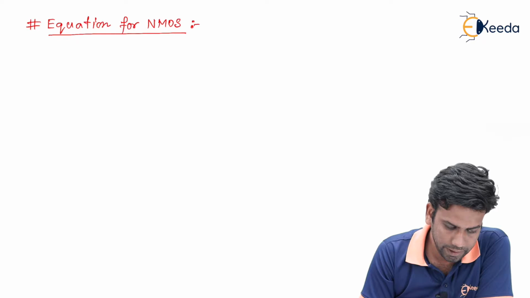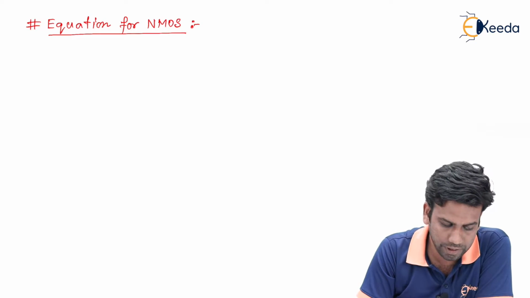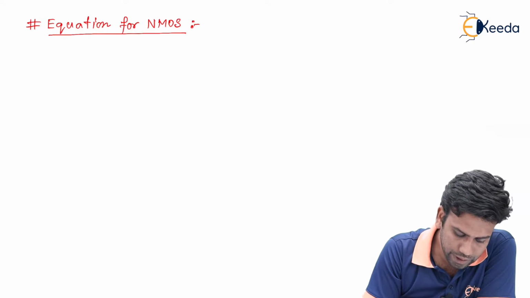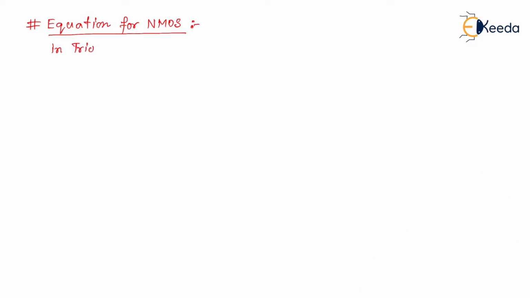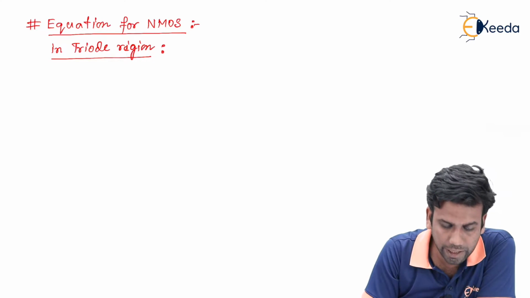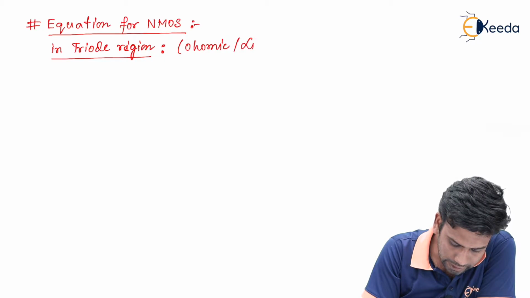Now let us see what are the conditions that should be achieved during the triode region. So, the equation of NMOS in triode region. The triode region is also called the ohmic region or linear region.